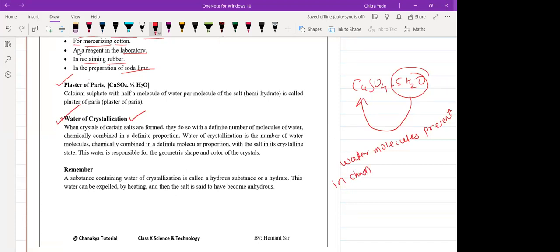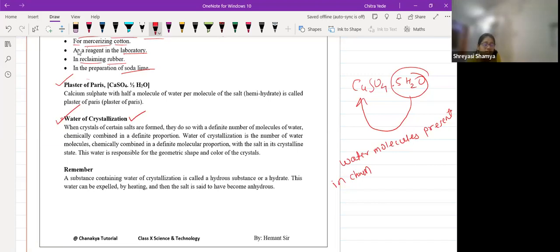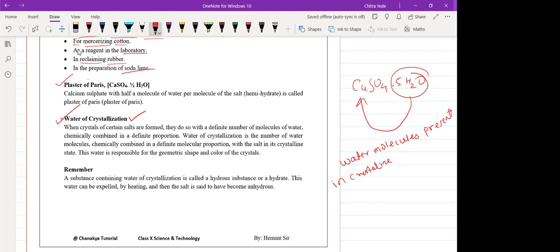Crystal, what is the spelling of crystal? CRYSTAL. Crystalline structure of salts.